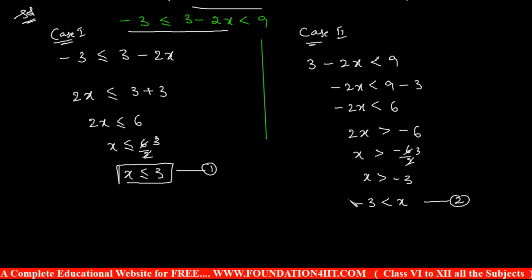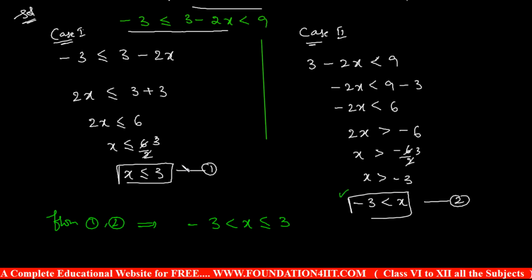Let this be equation 2. From equations 1 and 2, we'll write them combined. So minus 3 less than x. The second one I wrote first, because the one with the smaller number should come first. Minus 3 less than x, and x is less than or equal to 3.